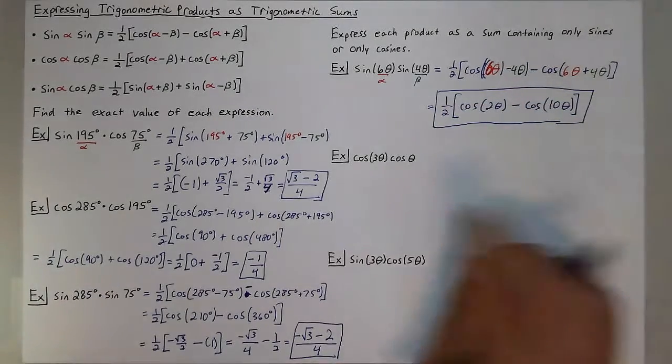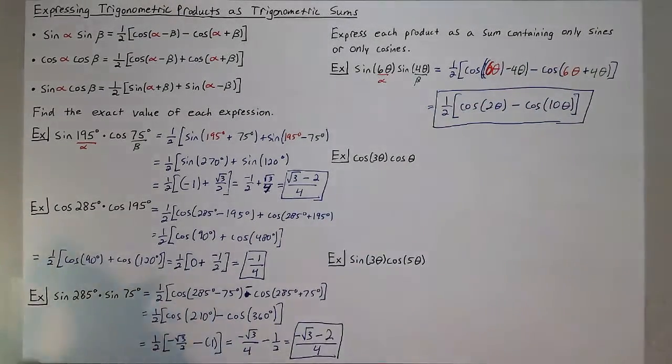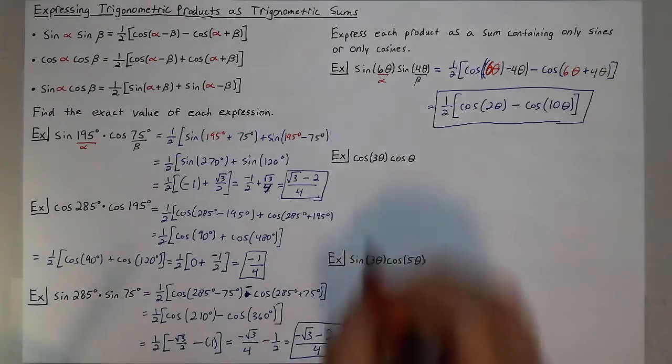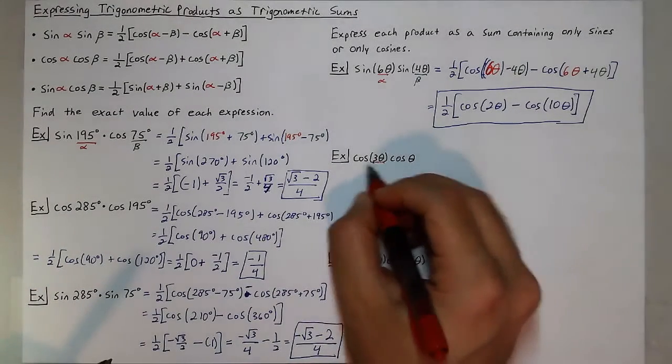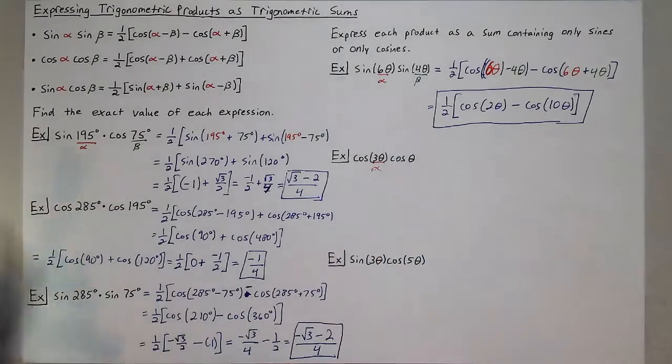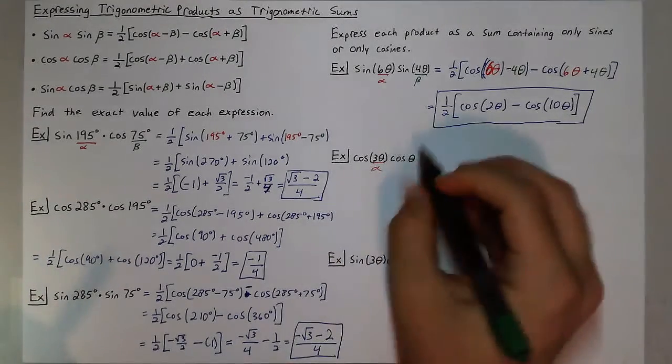Let's try with another one. Say we have cosine of 3 theta times cosine of theta. I can let 3 theta be my alpha and just theta be my beta.